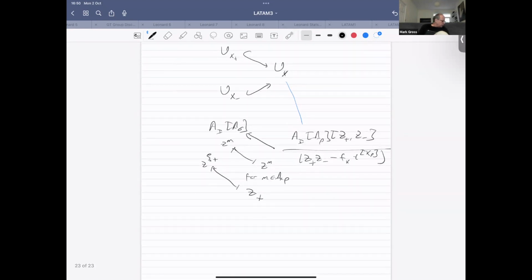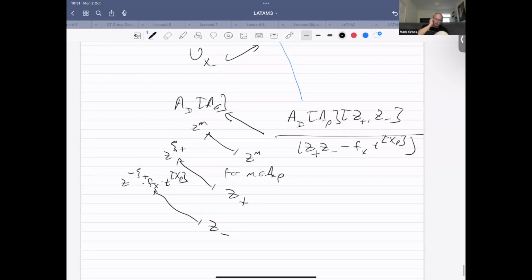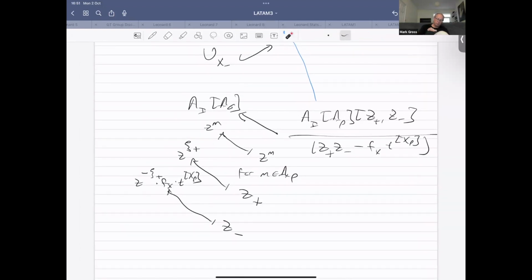And then I have to be much more careful about what happens to z minus. z minus gets mapped to z to the minus c plus times fx times t to the x rho. I hope this can be read. I'm trying to make this a little bit bigger here. Hopefully that's still visible on your screens.